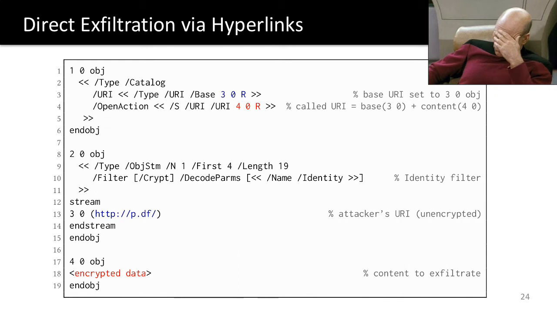So we could basically make the user click on a hyperlink, or automatically using OpenAction or whatever trigger a hyperlink. So this is a bit less silent because the browser will open in most PDF viewers at least, but it's another technique to achieve basically the same effect.